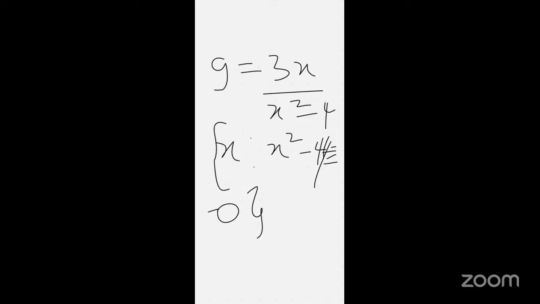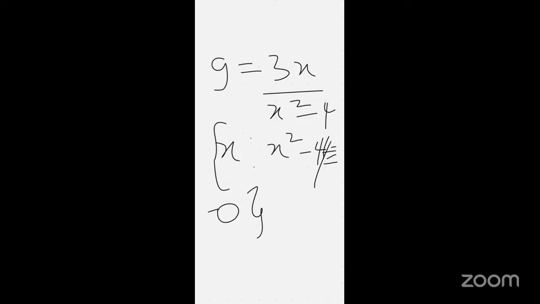Or x squared is not equal to 4. Or x is not equal to plus or minus 2. Because if x is equal to plus or minus 2, our x squared minus 4 becomes 0, and the equation becomes undefined. Therefore, it is not a domain of that function.